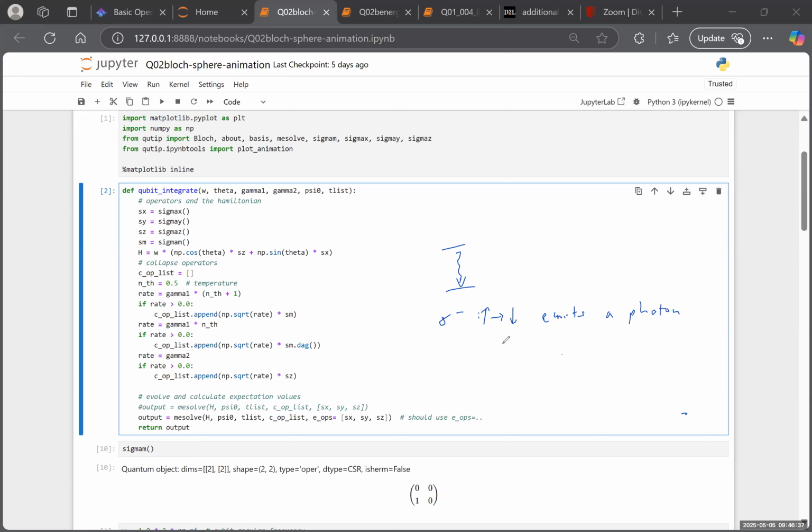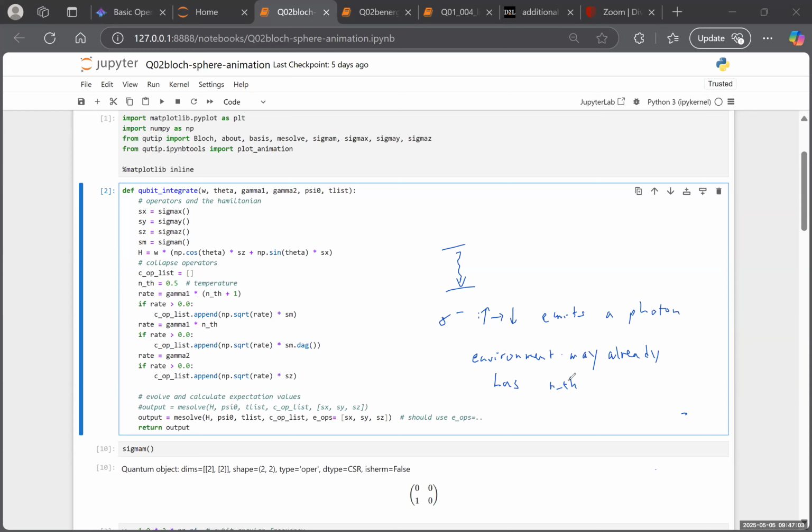So this is emission, and the environment may already have some photons, right? They have these n thermal photons.